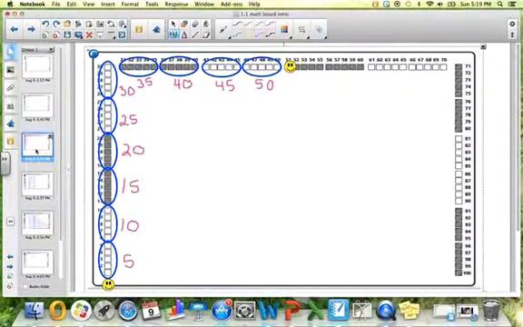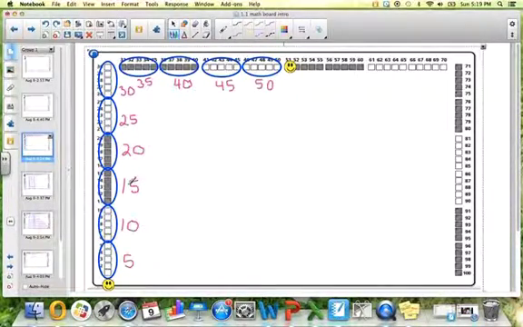Okay, welcome back. So this is what your board should hopefully look like. Every group is labeled from 5 to 50. And now we're going to talk about it. So this one group of 5 is 5. And now we have 2 groups of 5, and that's 10.